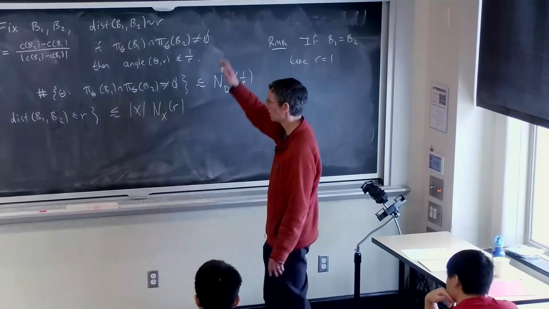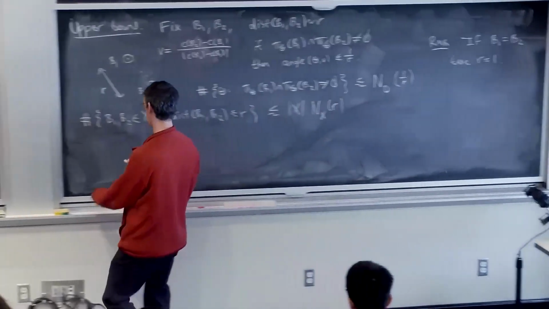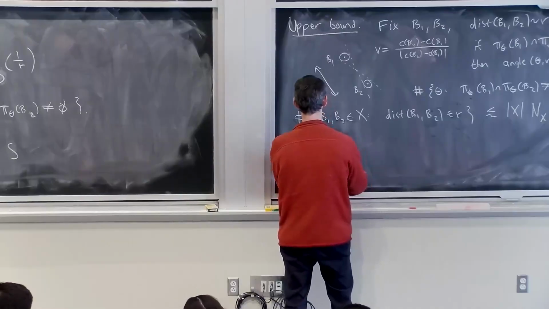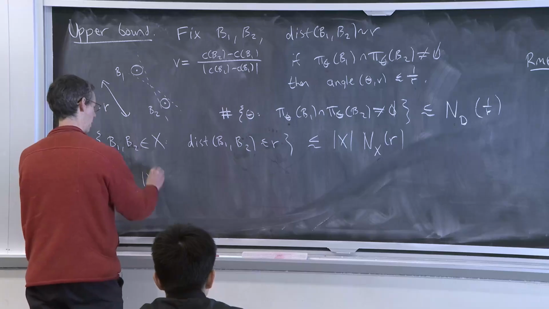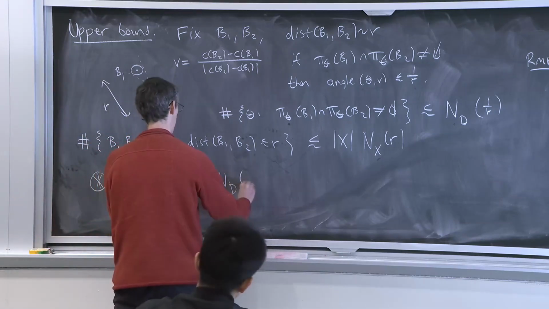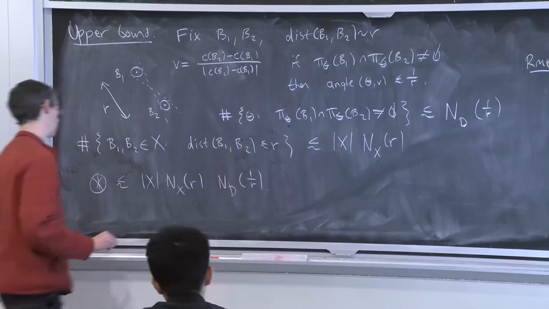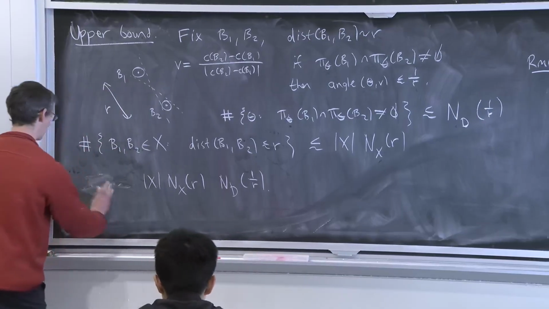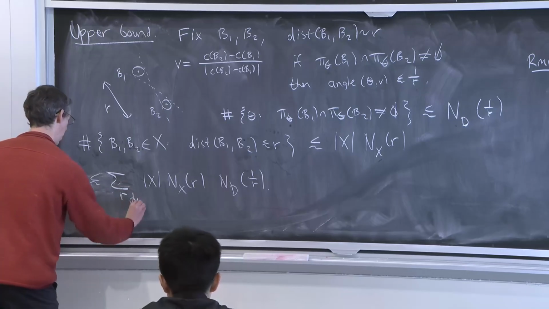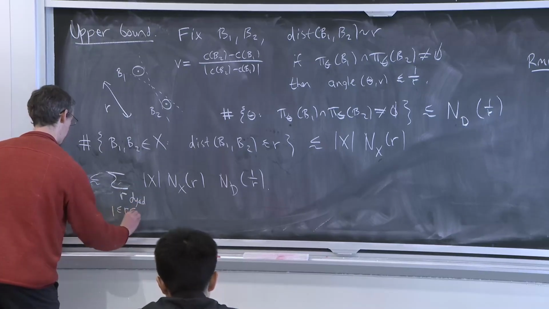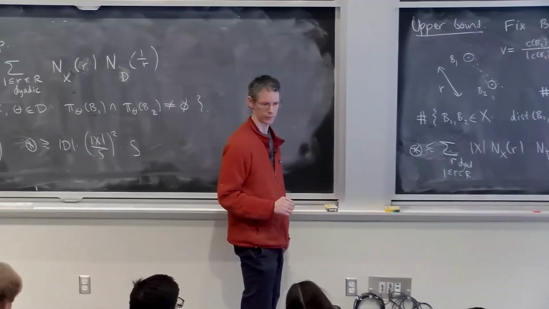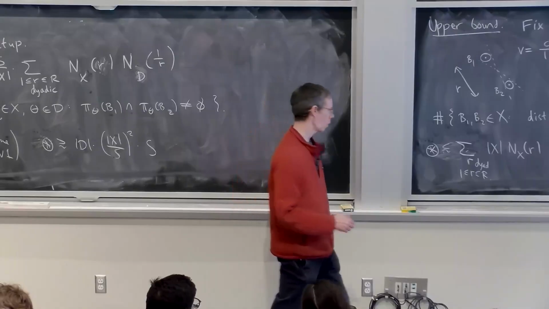OK. So now we can combine these to upper bound star. So star is upper bounded by the sum over the dyadic r of x times nx of r times nd of 1 over r. OK.